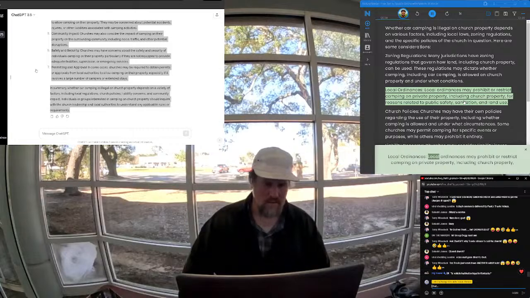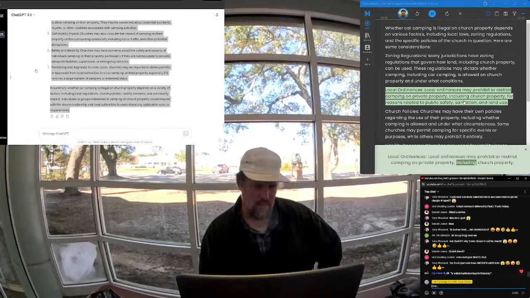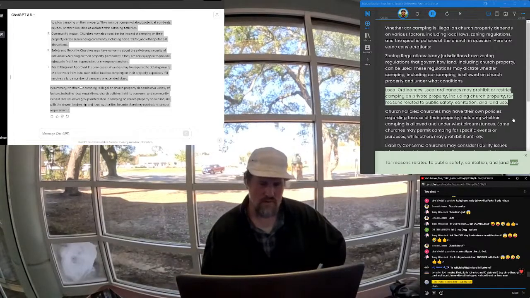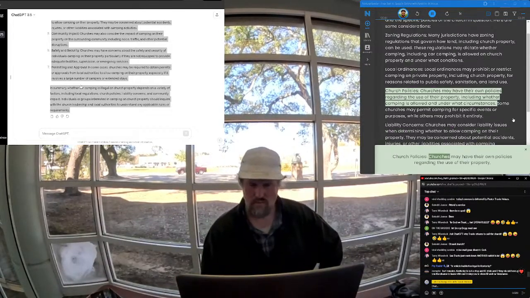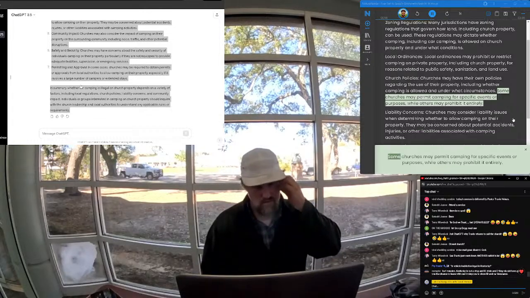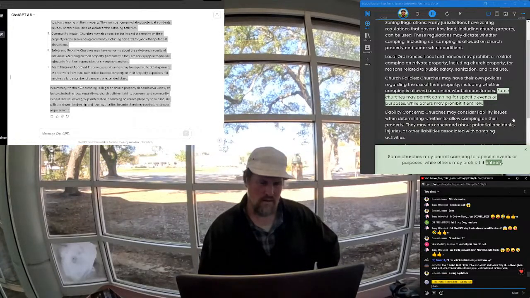Local ordinances. Local ordinances may prohibit or restrict camping on private property, including church property, for reasons related to public safety, sanitation, and land use. Church policies. Churches may have their own policies regarding the use of their property, including whether camping is allowed and under what circumstances. Some churches may permit camping for specific events or purposes, while others may prohibit it entirely.